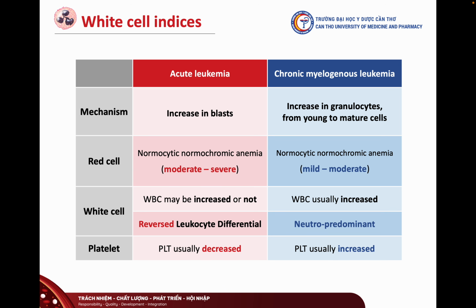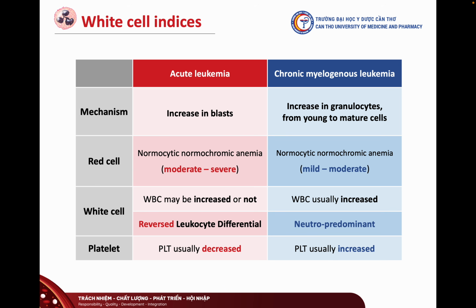Often there is a low platelet count, and the white blood count may be increased or even normal or low. And you will often see a reverse leukocyte differential, meaning the lymphocyte or monocyte values appear predominant. But it is actually due to blasts appearing in our peripheral blood, not the lymphocytes or monocytes truly.